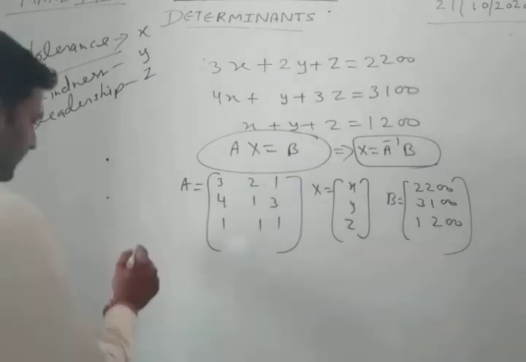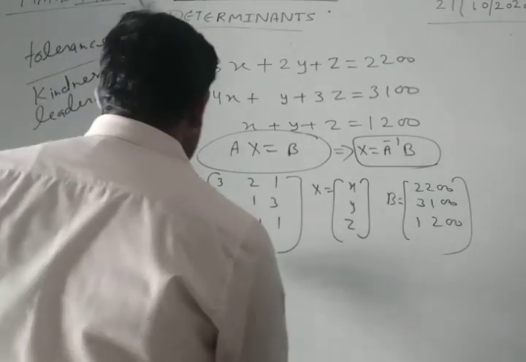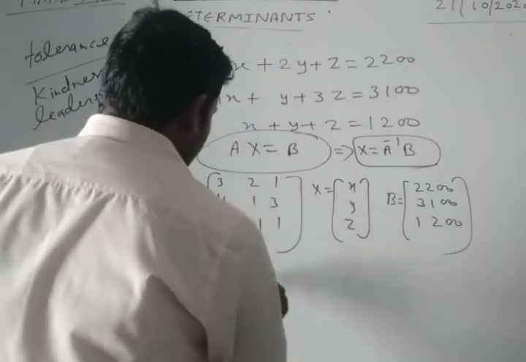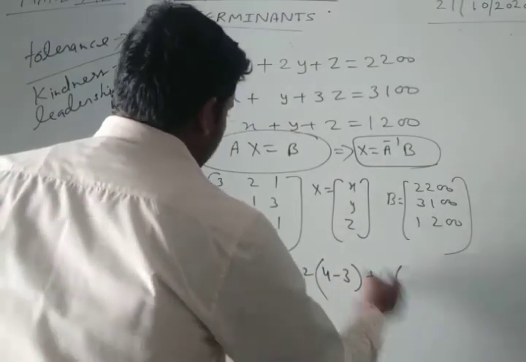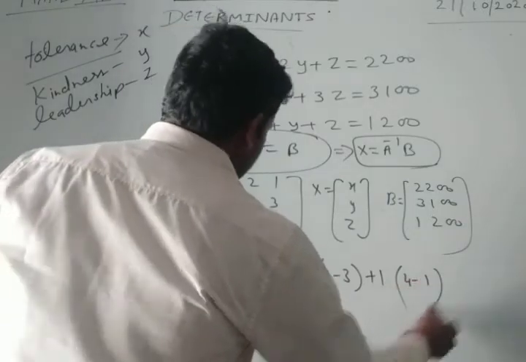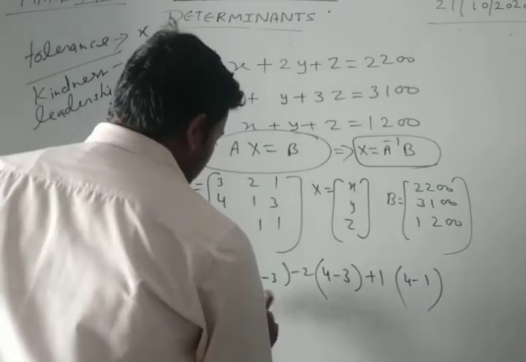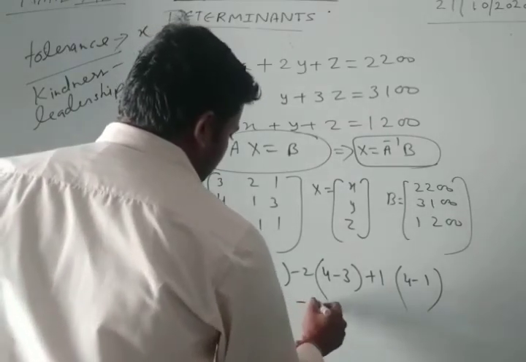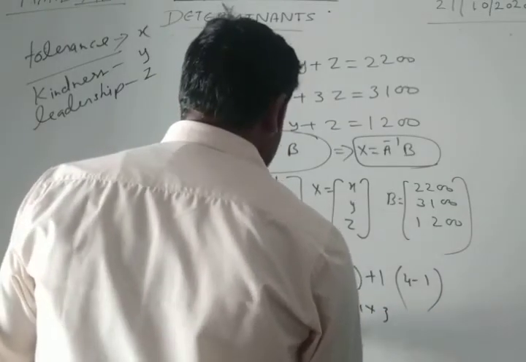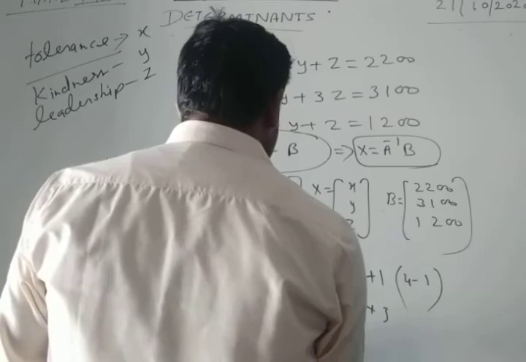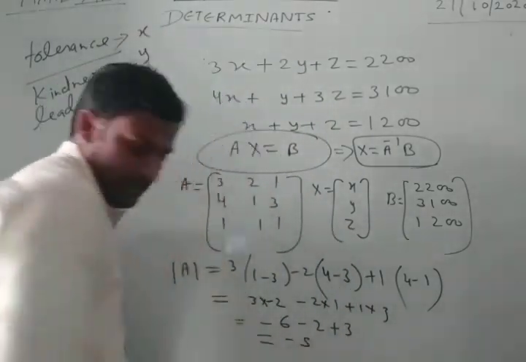So we first find the determinant of A. Our determinant of A is 3 times (4 minus 1), minus (-2) times (2 minus 1), plus 1 times (6 minus 1)... we get minus 6, minus 2 plus 3, minus 8 plus 3, which is minus 5.